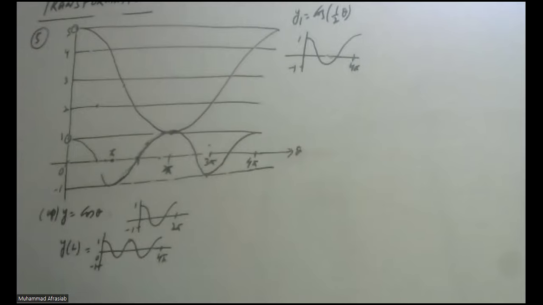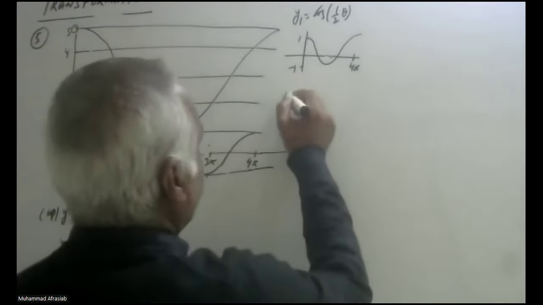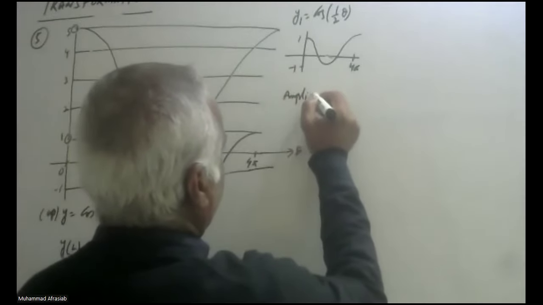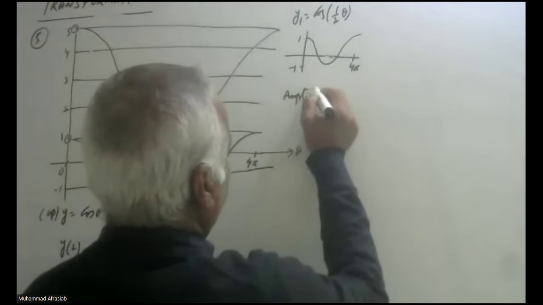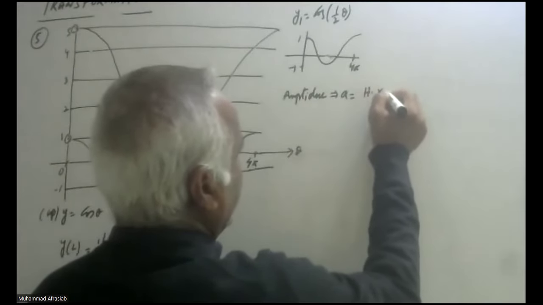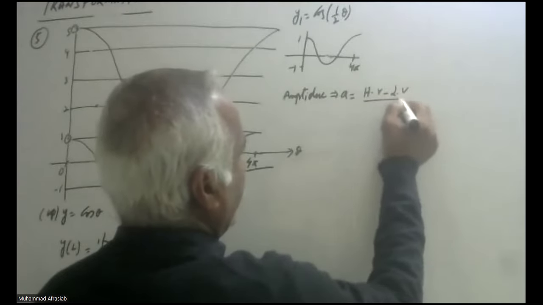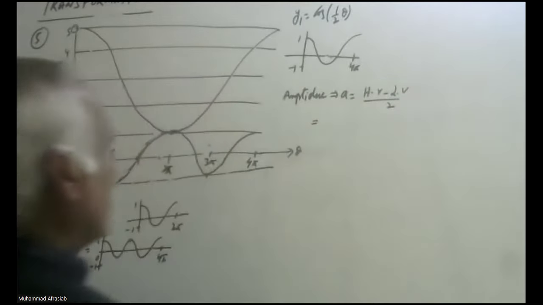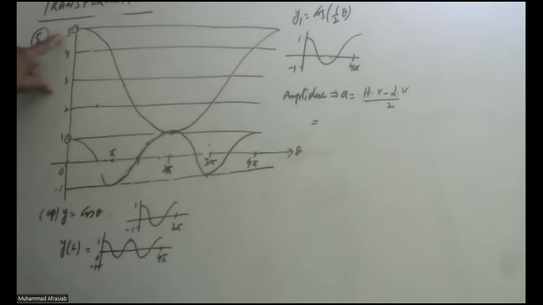Now the second part. Since the upper curve is going to lie between 5 and 1, we know that the amplitude, let's say A, is the highest value minus the lowest value divided by 2. The highest value for this upper curve is 5 and the lowest value is 1.